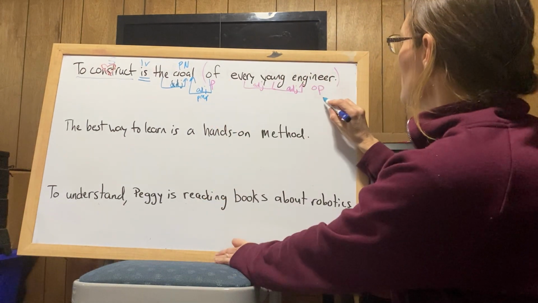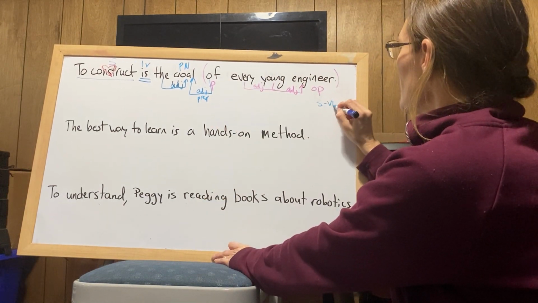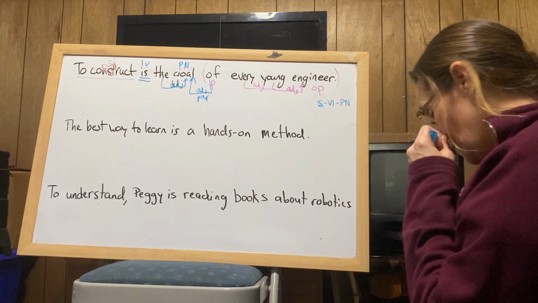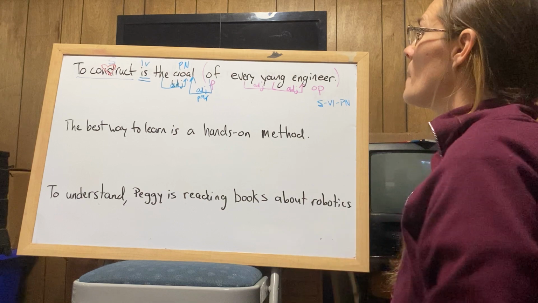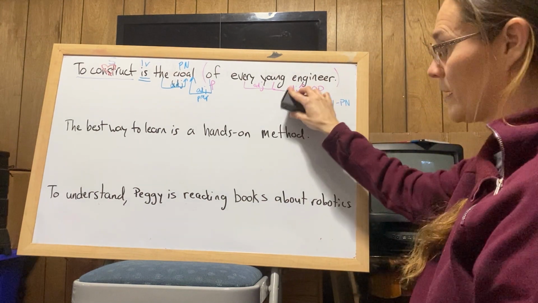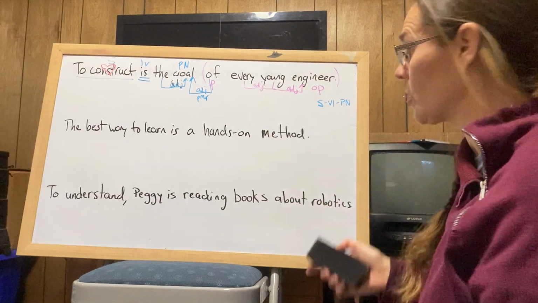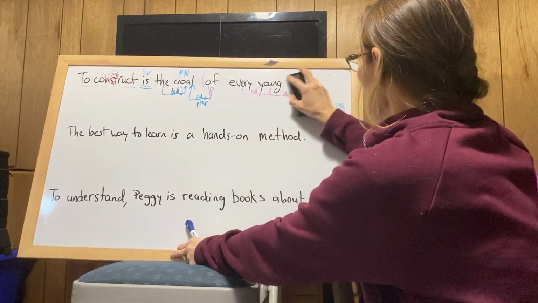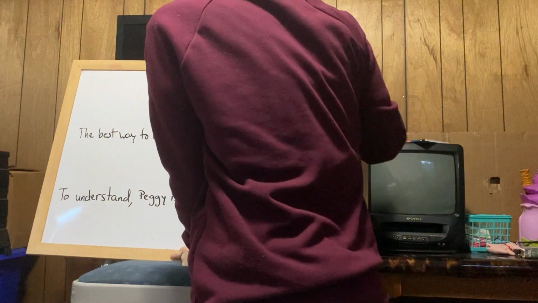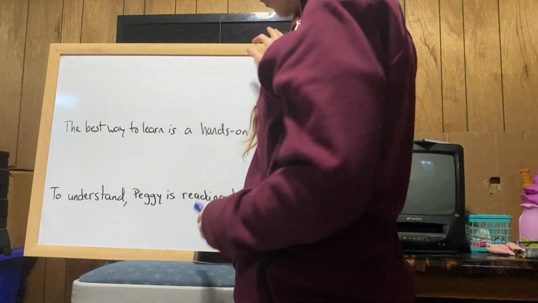So the pattern of this is an SVLPN. Call it a structure or pattern? Pattern? We're going to diagram it. And so I have room to diagram it, I have to erase this, but you should have this down in your book. So we said it is an SVLPN pattern.